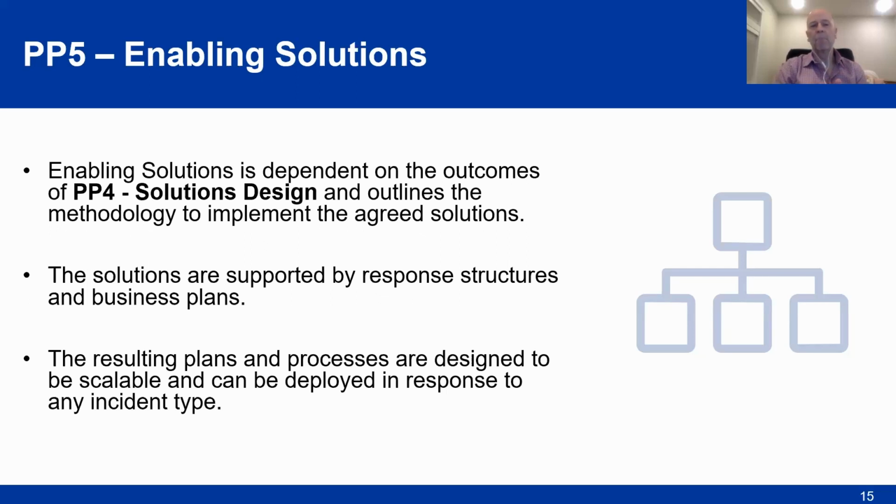The rest of the main body around BC plans is very similar, talking about strategic, tactical and operational levels. There is greater emphasis on communication, I would suggest, and also greater emphasis in certain elements around giving you examples around product recall. They talk about cyber incident response plans. They talk about infectious disease plans.